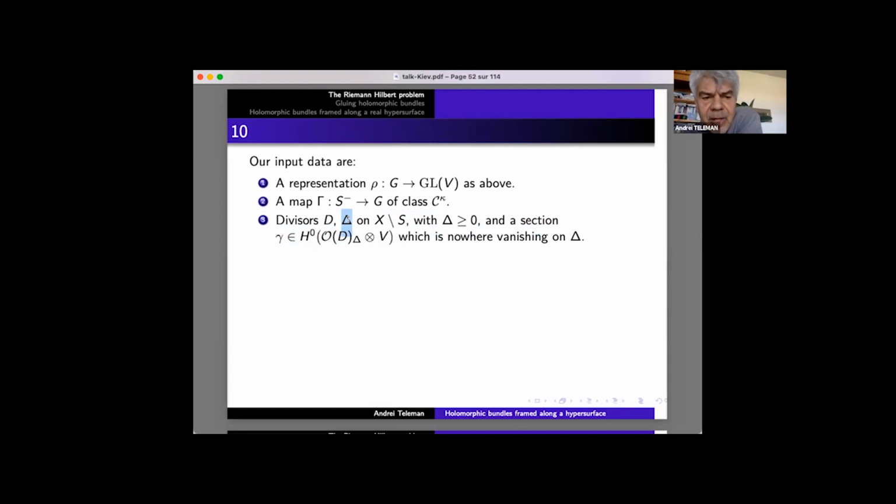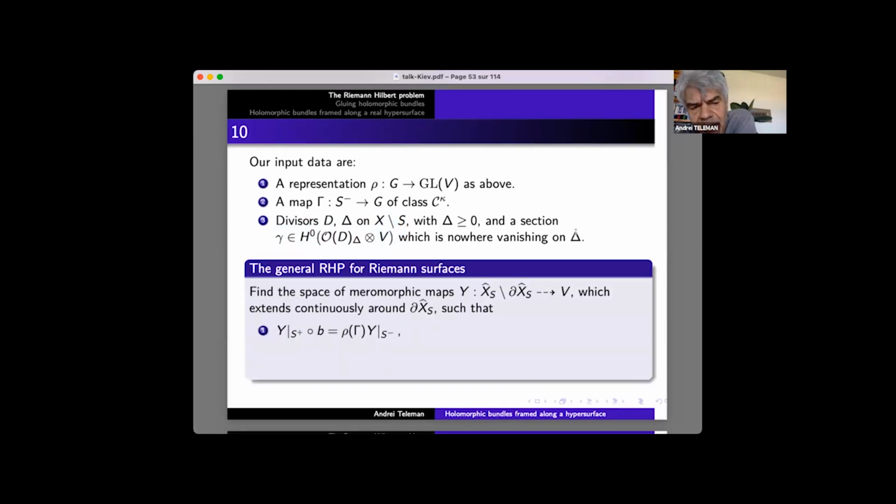So delta is an effective divisor which is used to take the jets along delta of the sections I consider. So delta generalizes this multiple d plus 1 times infinity. Okay, so instead of a polynomial, I take a section in this torsion sheaf on X minus S, which is nowhere vanishing on delta.